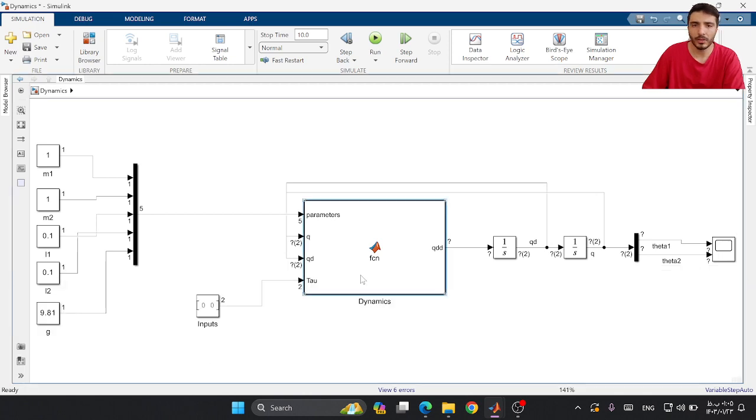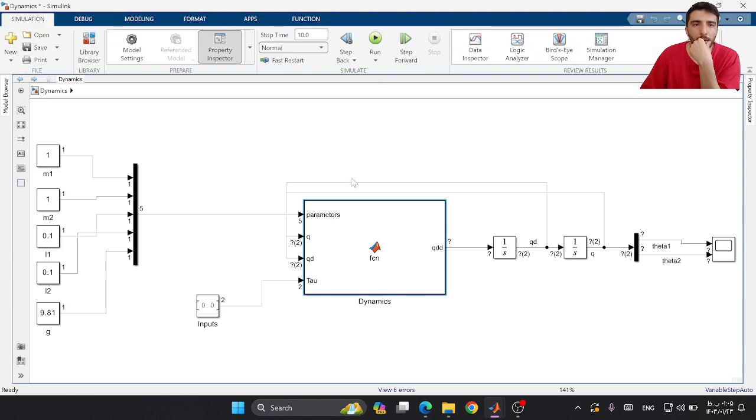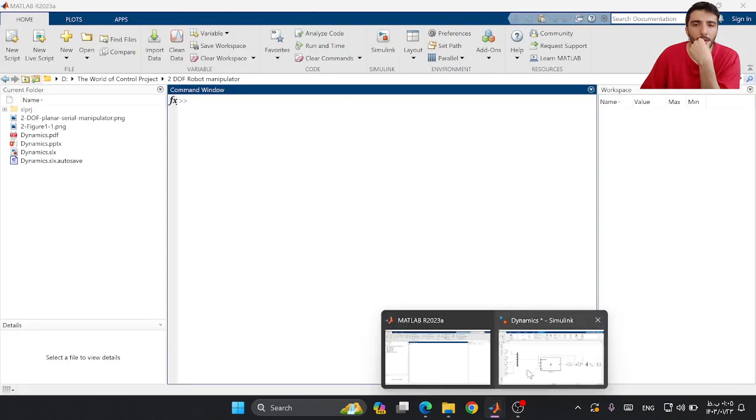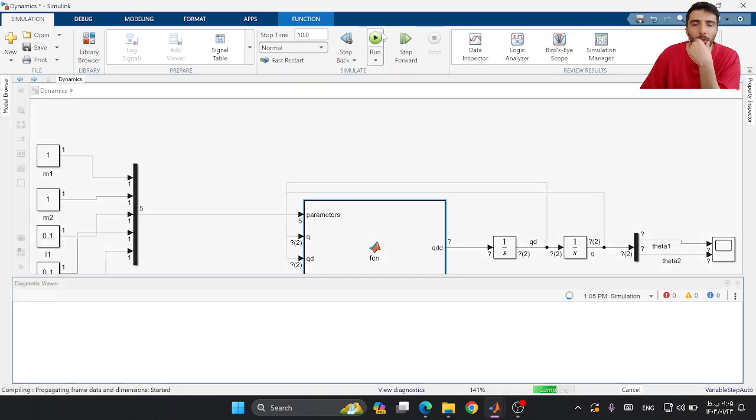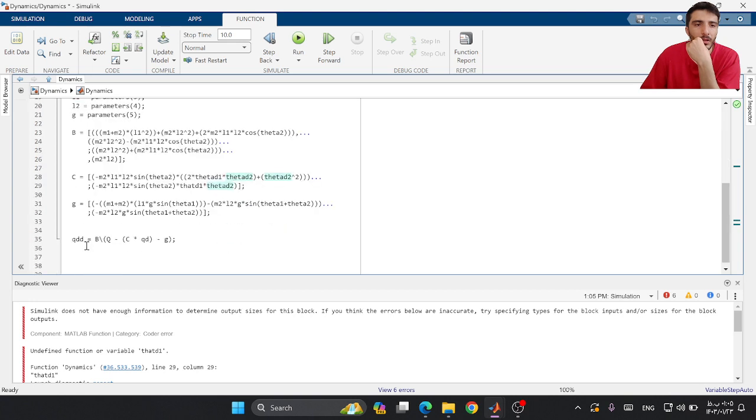Theta dot, we have another type error again. Let's see, line 29, theta 2, theta dot 1, theta dot 1, theta 2. Oh, this is a type error here, theta dot 1.